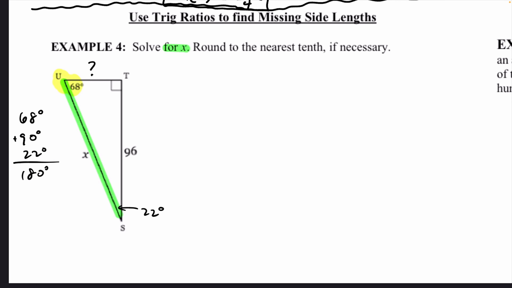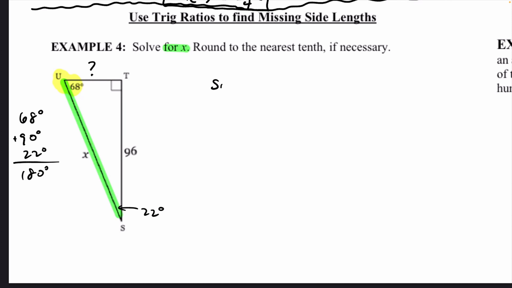So we said opposite and hypotenuse. Which one are those? Those are sine or cosecant, right? So I could use either one of those. Now on my calculator, I have a sine button. I don't have a cosecant button, so I'm going to stick with sine. There's a workaround to get cosecant, but we won't worry about that right now.